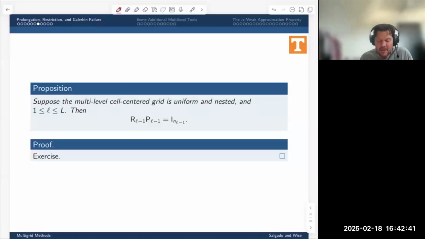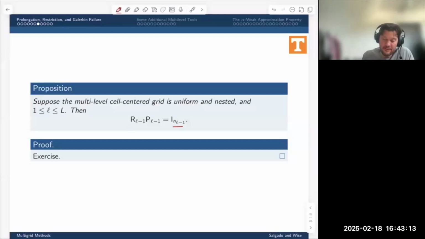Well, let's talk about a couple of properties of this restriction prolongation pair, one of which is kind of surprising, actually. And then the other one gets more close to home with the Galerkin condition. But this one is kind of interesting. If I take the restriction operator and I multiply it by the prolongation operator, in the cell-centered case, and maybe not anywhere else, but at least in the cell-centered case, I get an identity matrix.